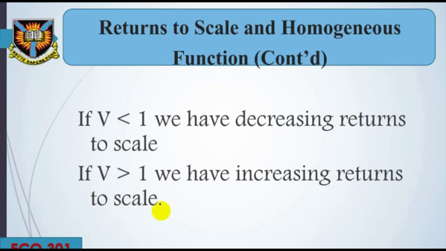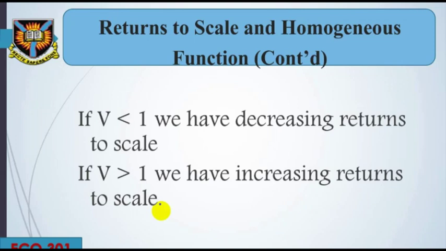Now suppose Q = 2x² + 3y². Then Q = 2(vx)² + 3(vy)², so Q = 2(v²x²) + 3(v²y²), and Q = v²(2x² + 3y²). Q = v²Q. Here v is equal to 2. This is increasing returns to scale.